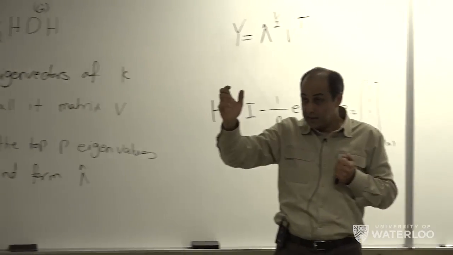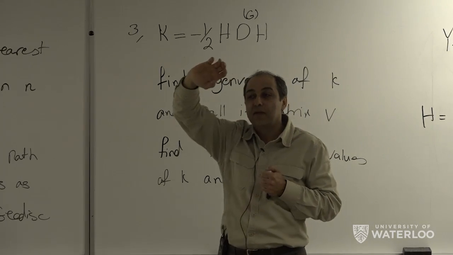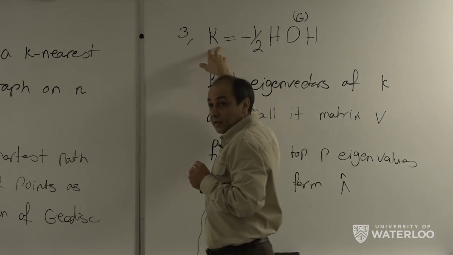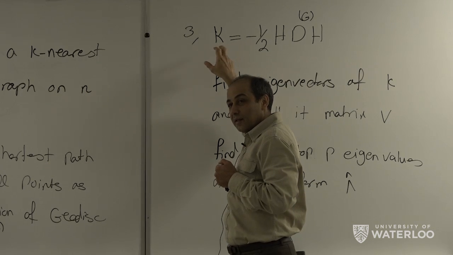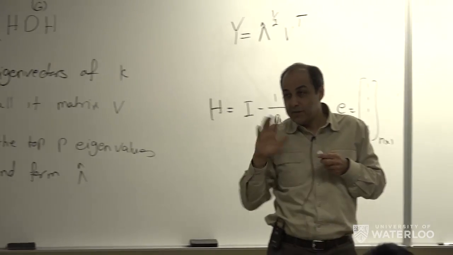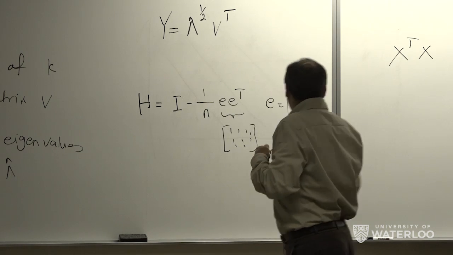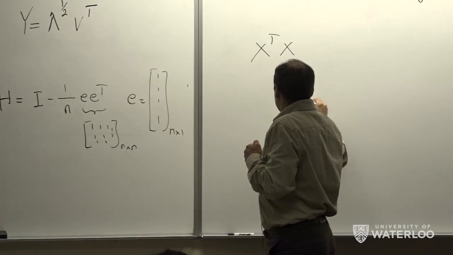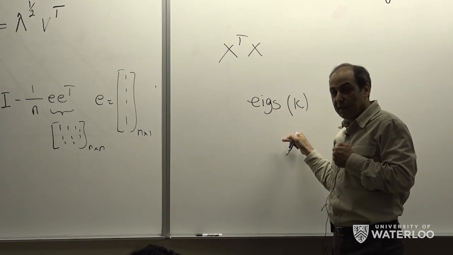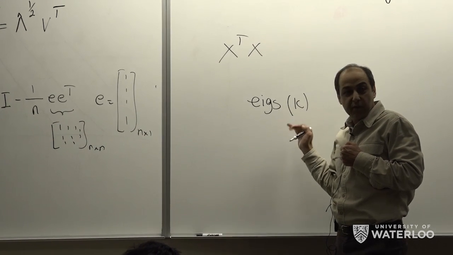So in this case, what we are going to do is project this K onto the cone of positive semi-definite matrices, meaning find the closest positive semi-definite matrix to this K, and then decompose it. If you look at the original paper in Science, they didn't even mention that. If you look at their code, when they want to do eigs of K, if K is not positive semi-definite, it could have imaginary parts and negative values.